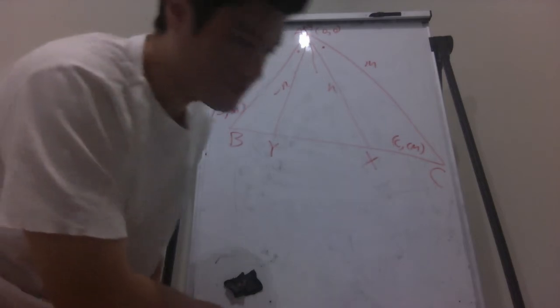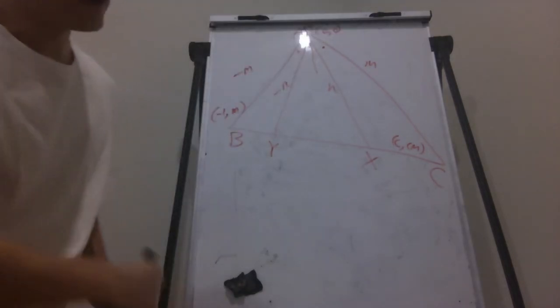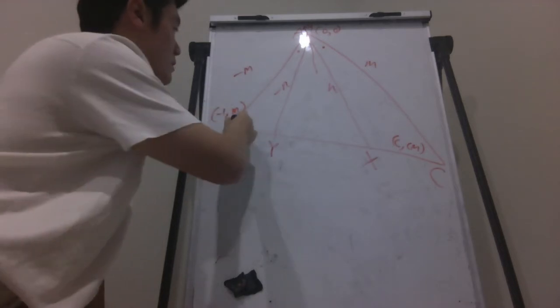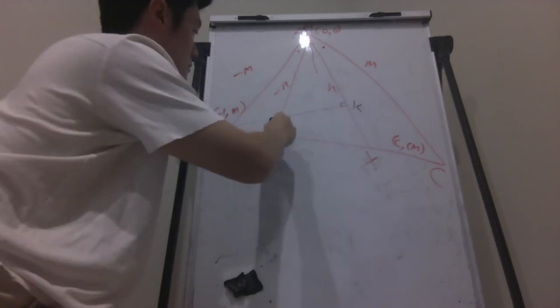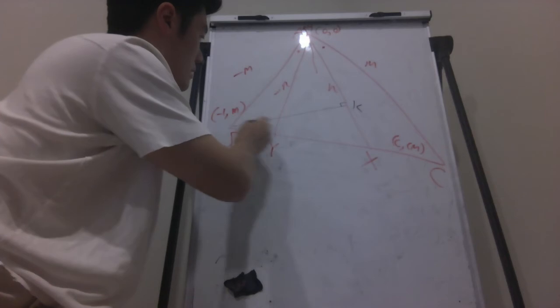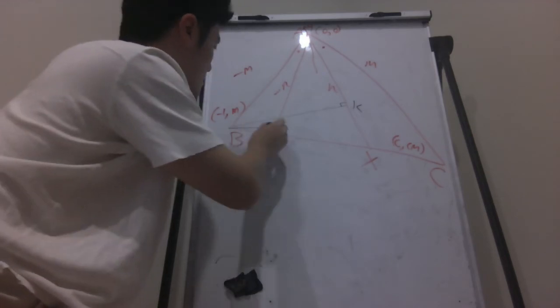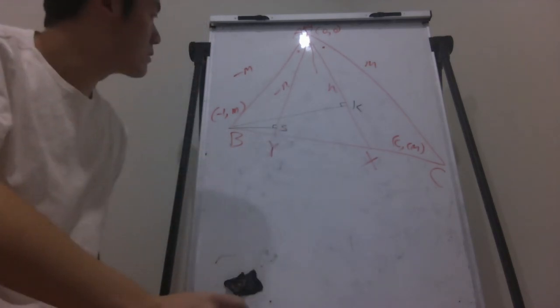So we need points K and S to be the feet of the perpendiculars, so the extended line. K is here, and then S is somewhere here. So you get a cyclic chord as well.